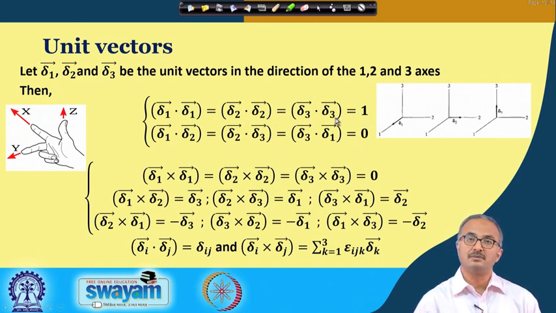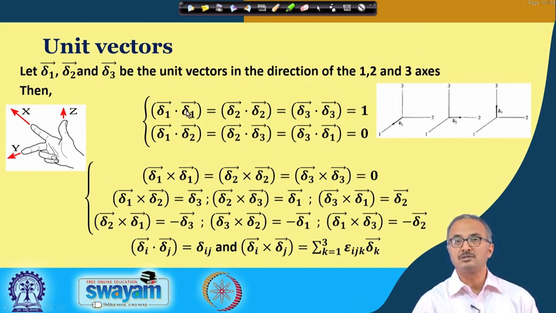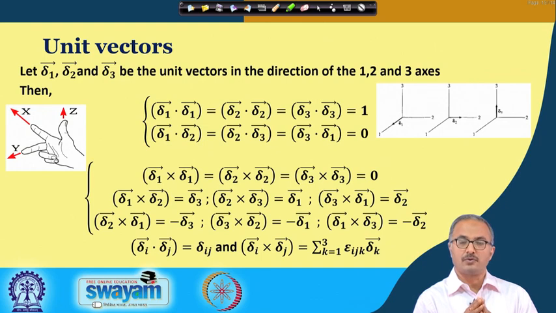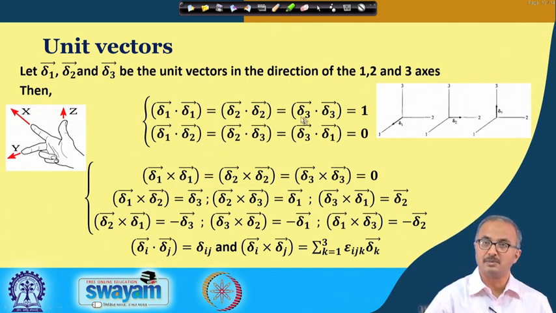Why? Because delta 1 into delta 1 means their magnitudes are 1 into 1, and cos 0 degrees between the two vectors. They are collinear, the angle between them is 0, so cos 0 is 1.